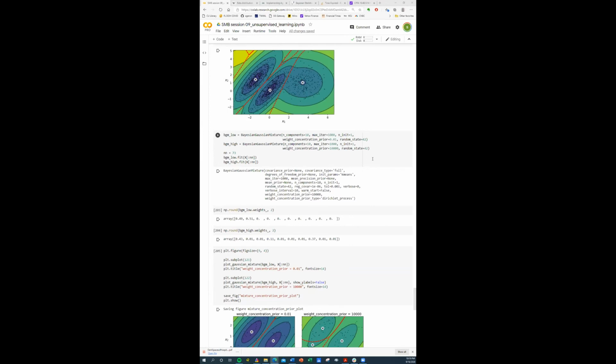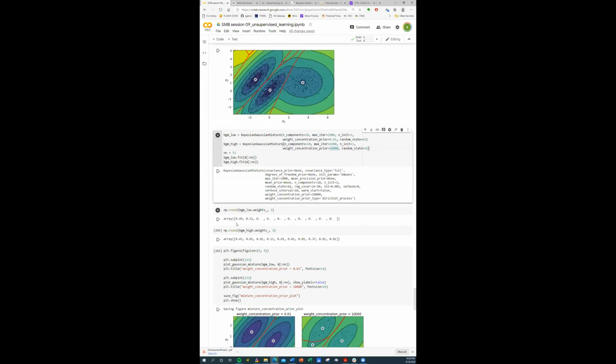The differences between the two are that the prior here is 0.01 and the prior here is 10,000. So one is way off to the left, one is way off to the right. Not sure what this NN means. And he maybe uses 73 components to make the array work. So he fits these, okay?